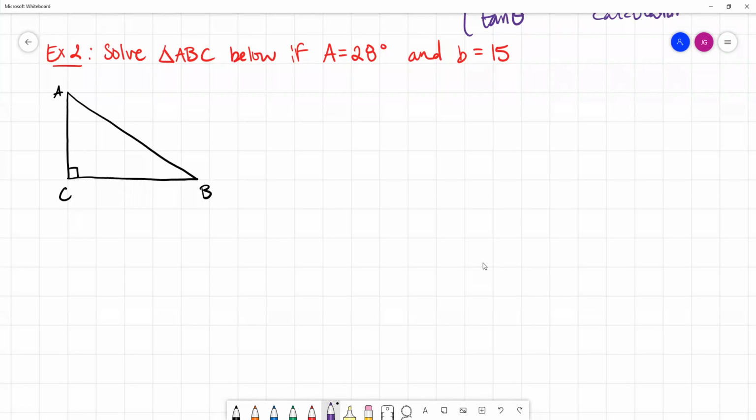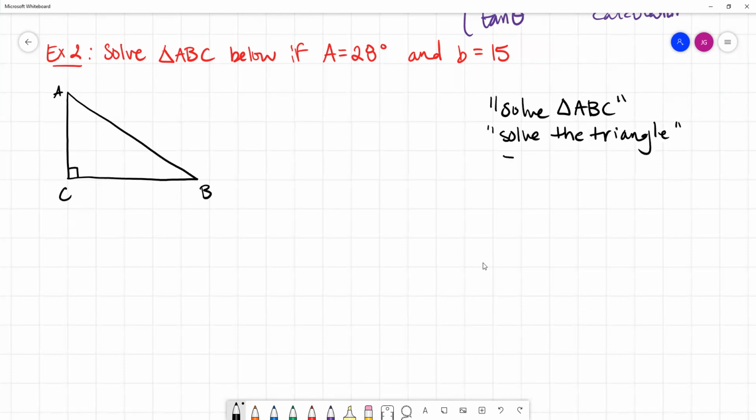It's telling us to solve a triangle. So whenever we see solve triangle ABC, or just in general solve the triangle, what that means is that it wants us to find all the missing information.